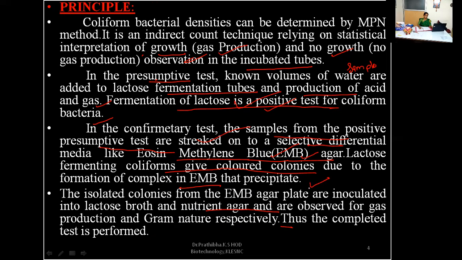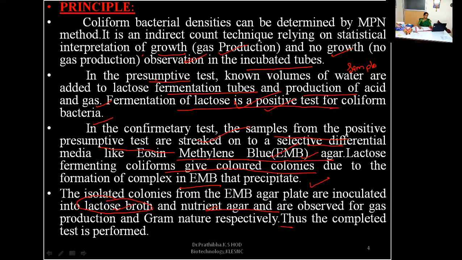In the completed test, you'll take the colonies from the EMB agar plate and inoculate them to nutrient agar slants or plate and also to the lactose broth to make sure again of the presence of coliform bacteria. If coliform bacteria are present, they will again utilize the lactose broth in the completed test and give acid and gas production.